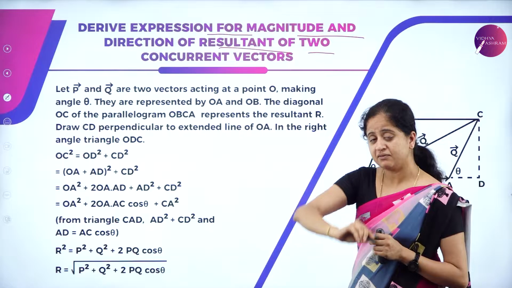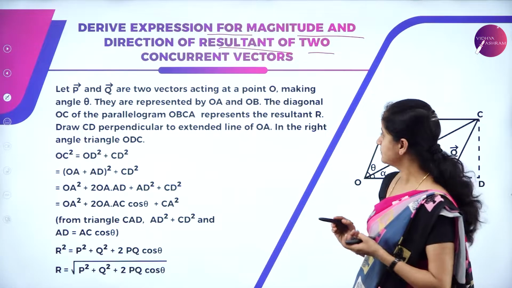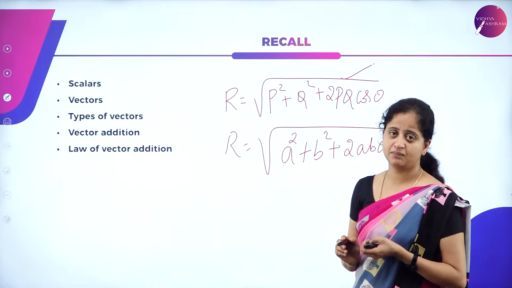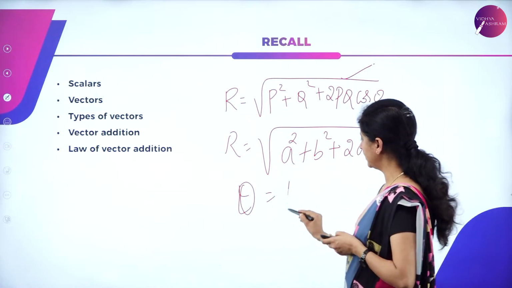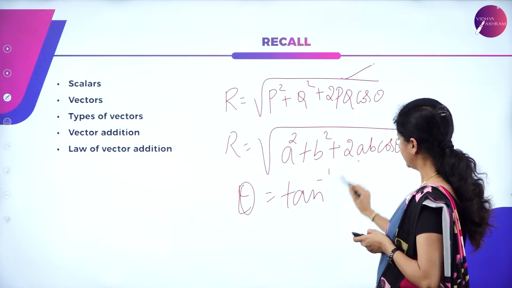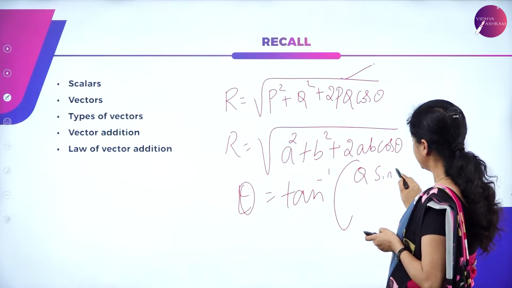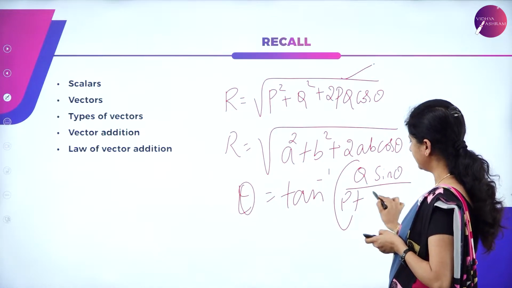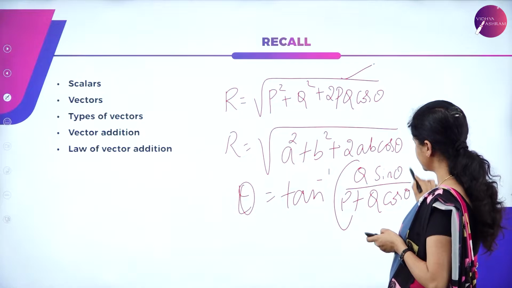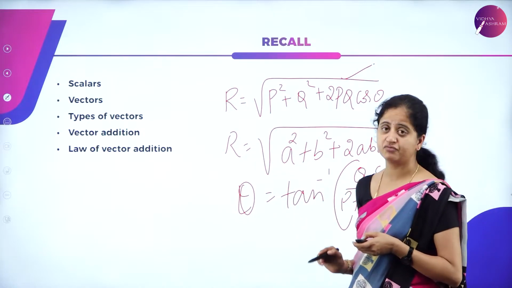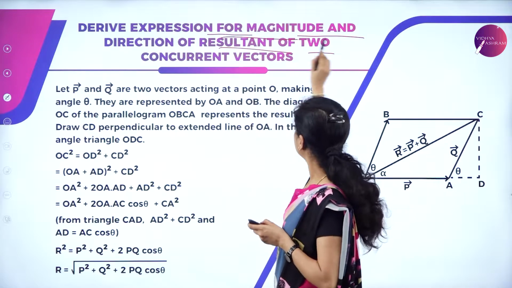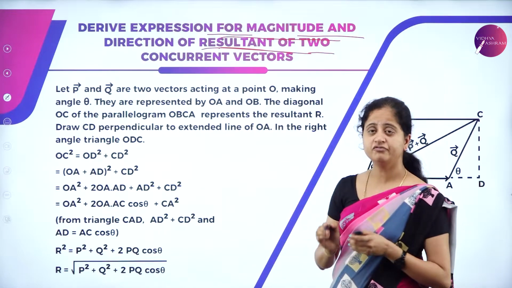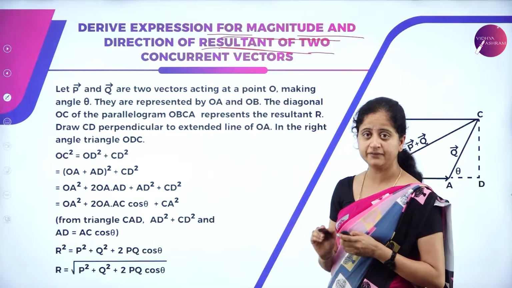The magnitude is given by r equals root of p square plus q square plus 2pq cos theta, and the direction is given by theta equals tan inverse of q sin theta divided by p plus q cos theta. So this is the expression for direction and this is the expression for magnitude. Let us now derive them.